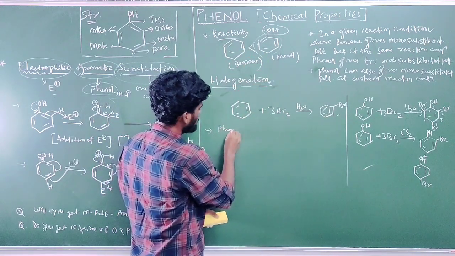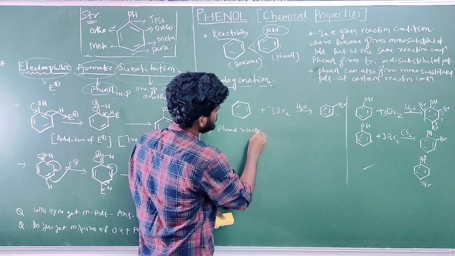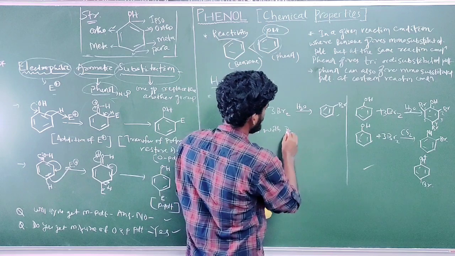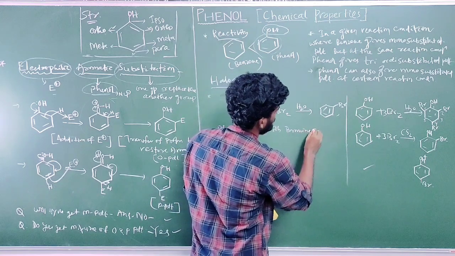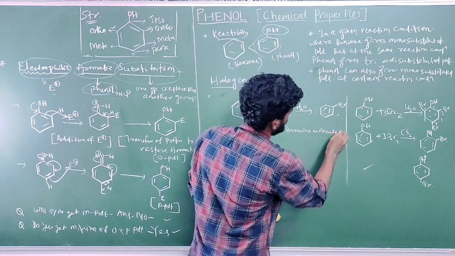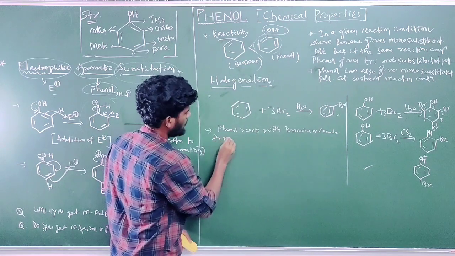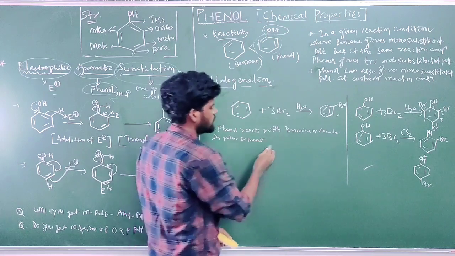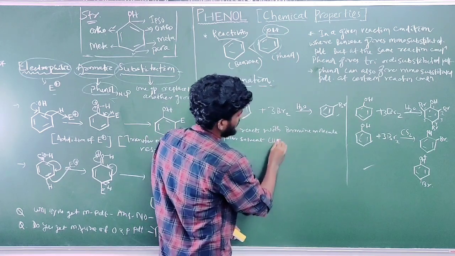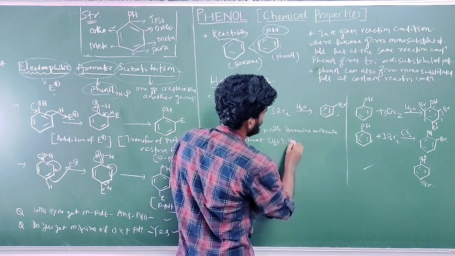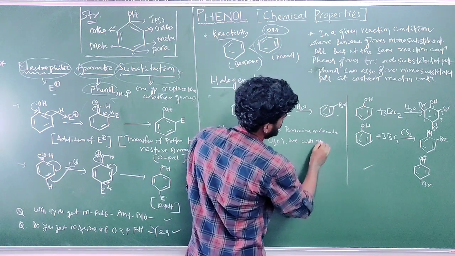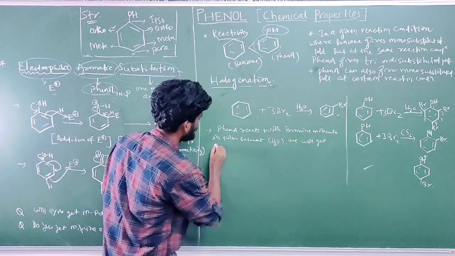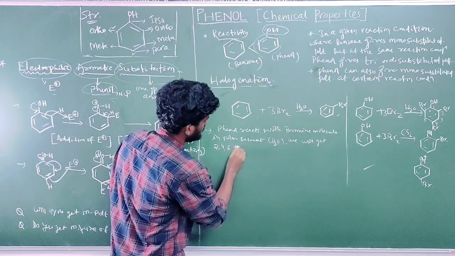Phenol reacts with bromine molecule in polar solvent, in bracket write water. We will get 2,4,6-tribromophenol, the tri-substituted product.